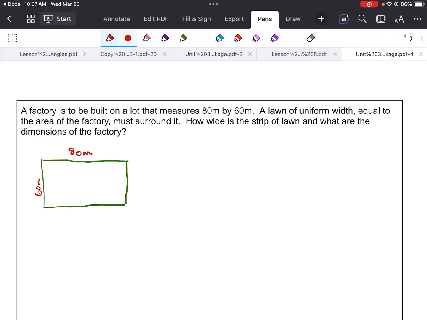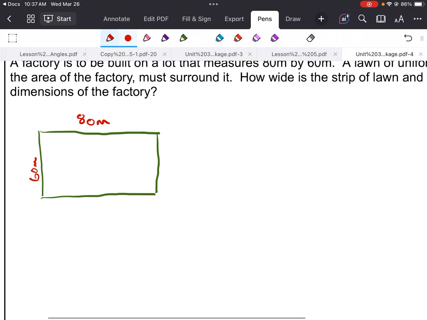A lawn of uniform width must surround it. So a reminder, uniform width means the same width all the way around. The area of the lawn is equal to the area of the factory. How wide is the strip of lawn and what are the dimensions of the factory?